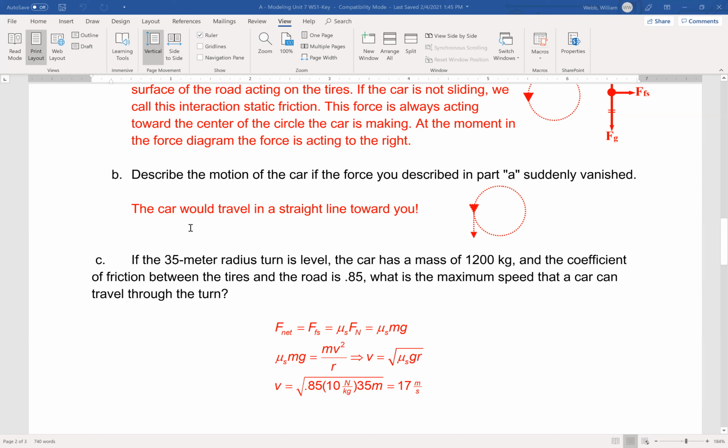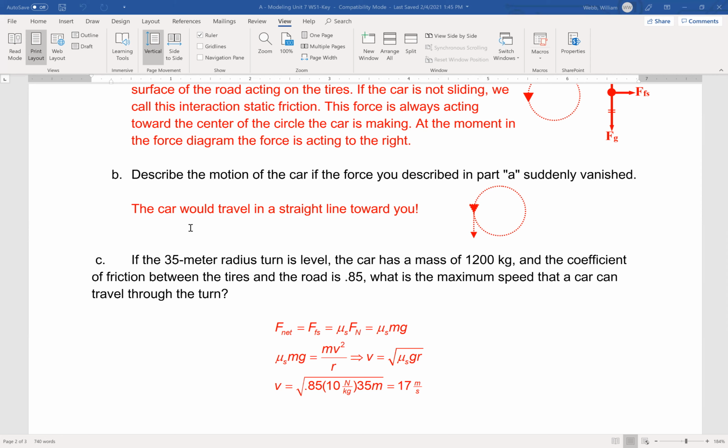In this case, friction is what causes the centripetal motion. But because centripetal force is generic, it has a generic equation. Whether it's friction or gravity or tension, no matter what's causing that centripetal motion, we know it's mv squared over r. In every case, centripetal force is mv squared over r.